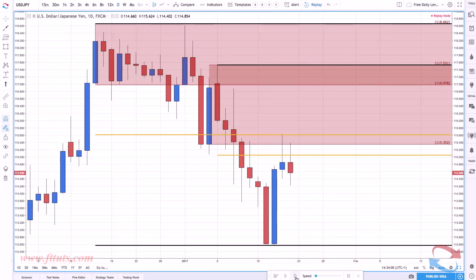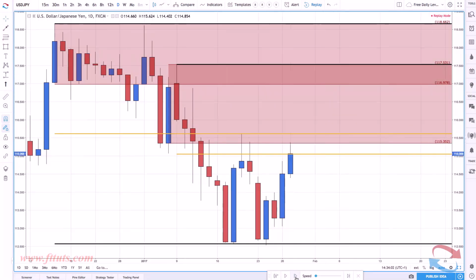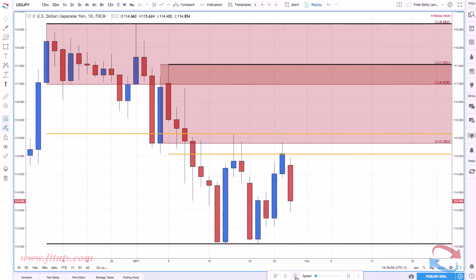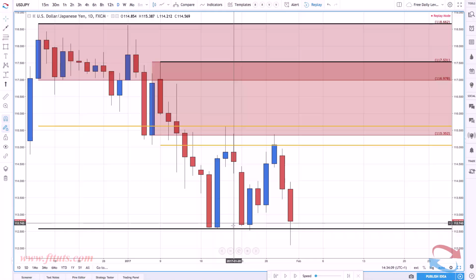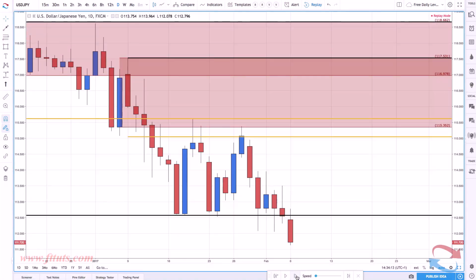So let's go forward, and we start to range slightly within this fair value area and an expensive area, then we create these new lows.